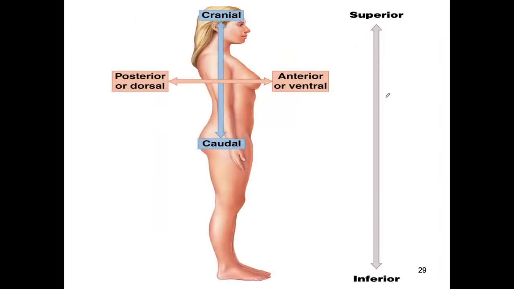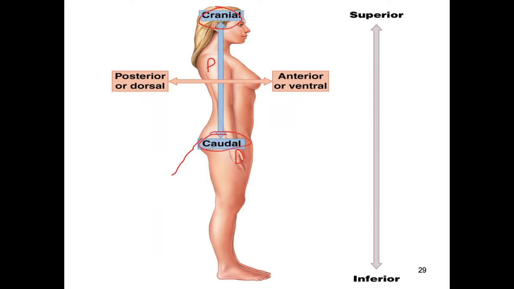Again, superior and inferior refers to the body as a whole. When we spoke about the extremities, we said proximal and distal. But when we talk about the trunk, or the head, neck, and trunk, if we're moving to the head, we're moving cranially. And if we're moving to the tail, that's caudal.